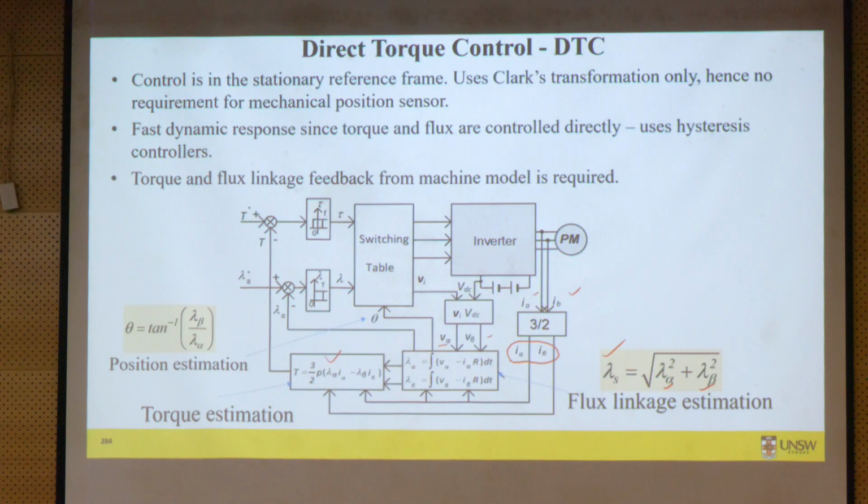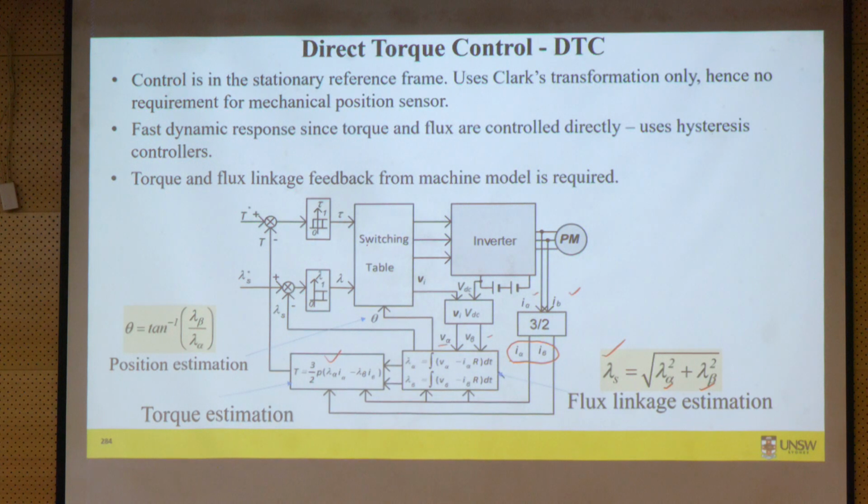Torque and flux linkage controllers could be hysteresis controllers here. You don't have to use a PI controller. The outputs of these two are the torque error and flux linkage error, which then go to a switching table. This switching table could be a lookup table.